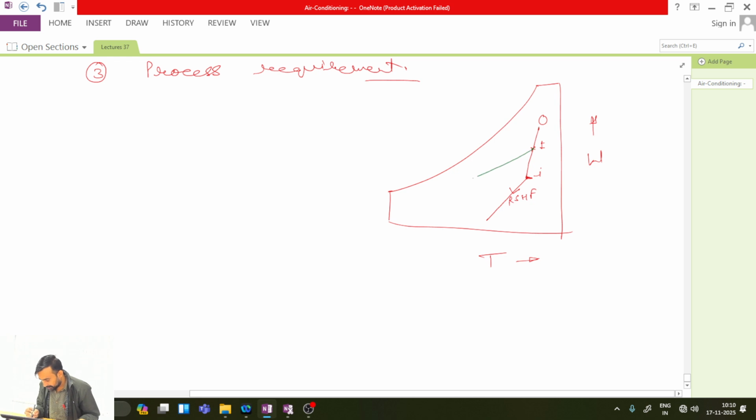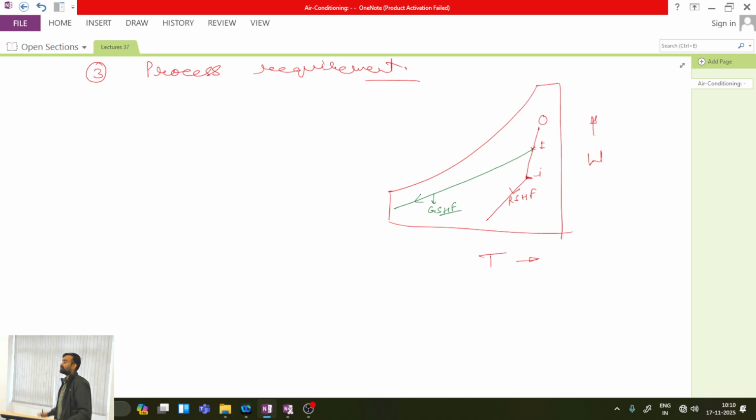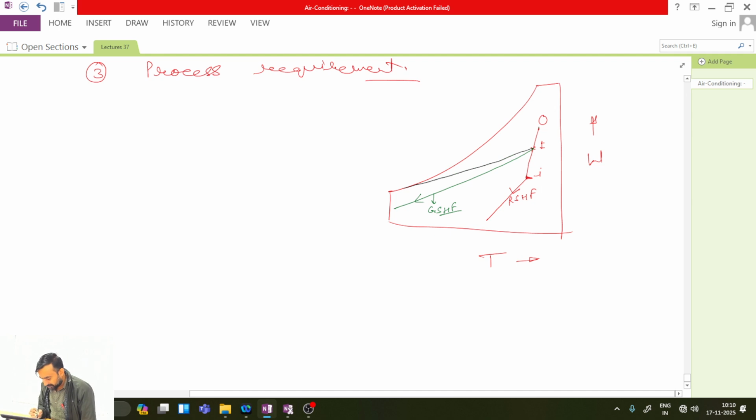One possibility is that the GSHF line is not meeting the saturated curve at all. The other possibility could be that the GSHF line is meeting the saturated curve, but at an extremely low TADP. What does it mean?